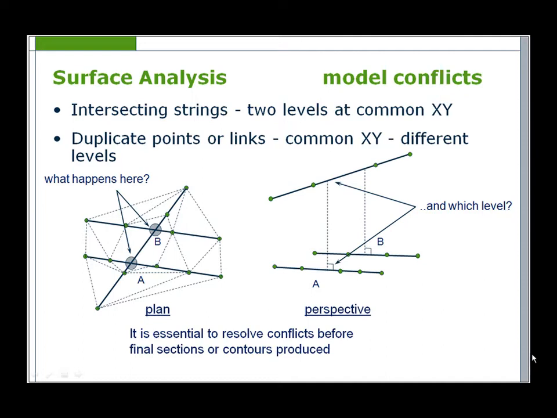If it finds another point within that search tolerance, it's going to ignore it, and you can't control which of those strings MX will take into its calculation to form the triangulation. So these types of model conflicts, MX can't resolve them, so we as designers have to solve these particular problems.